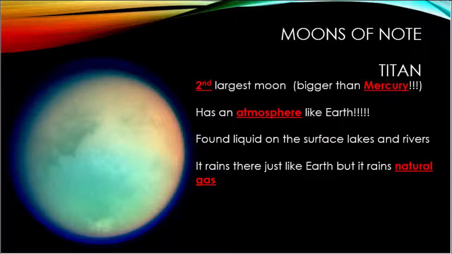The liquid is mostly natural gas, or nitrogen actually. What is missing from Titan's lakes? Well, that would be water. Alright, and again, it's the largest moon of Saturn.